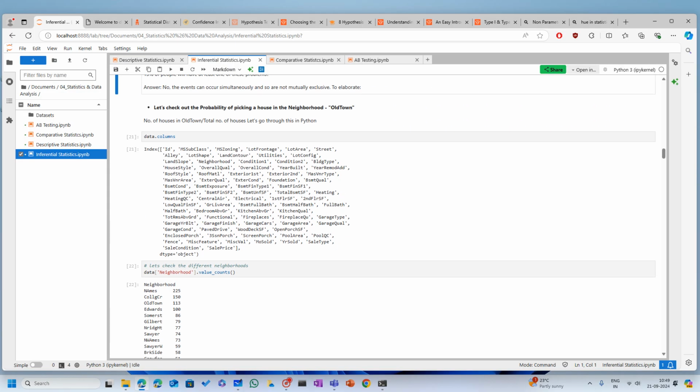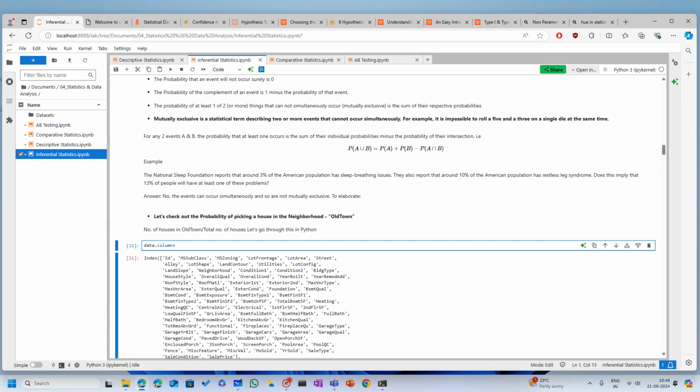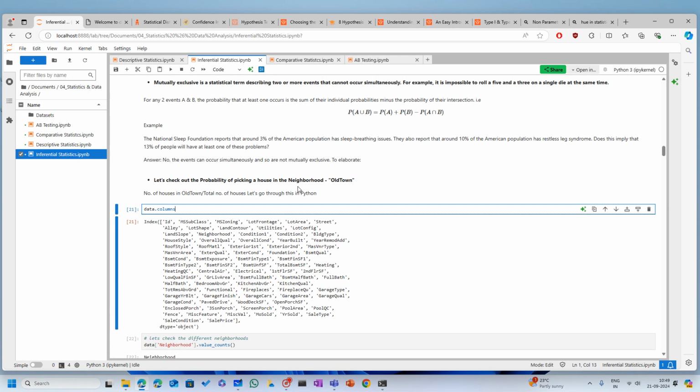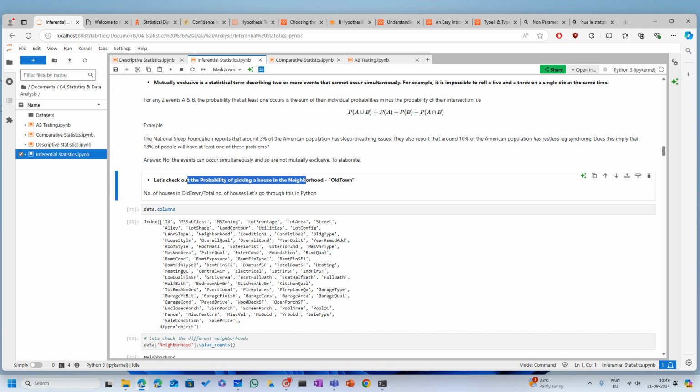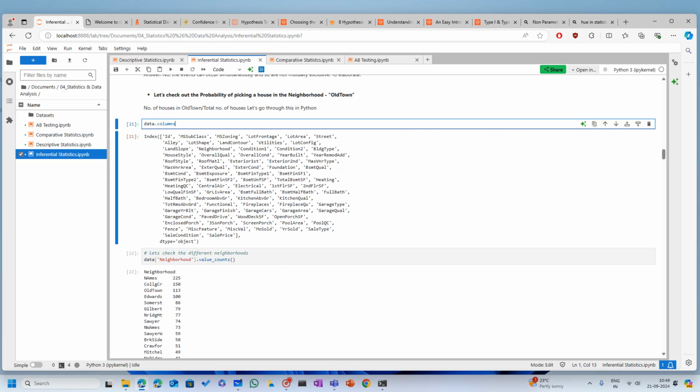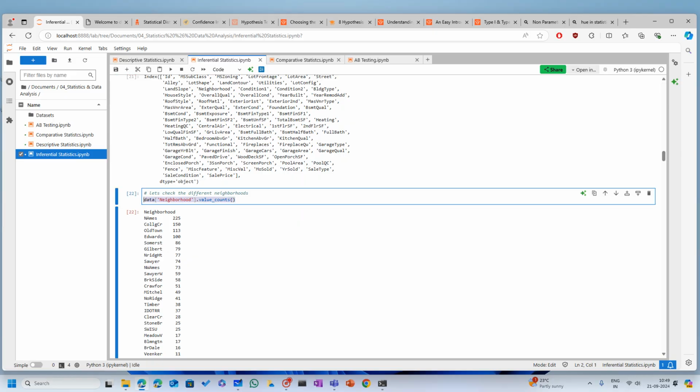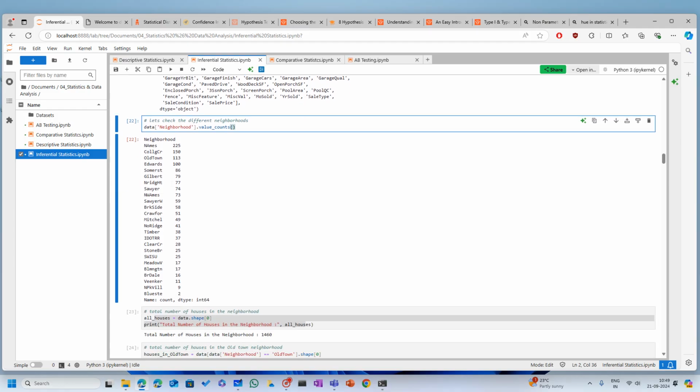All right, we are elaborating this concept with one of our examples. Let's say we want to calculate the probability of someone picking a house in the neighborhood of Old Town. For that we have a feature called neighborhood, and if we check it, we have different neighborhoods, like the nagars and puras we have in our area, for example Gandhi Nagar and Shivaji Nagar.